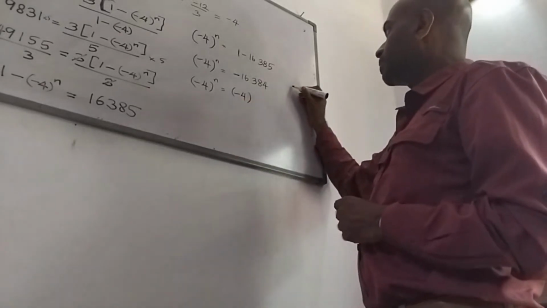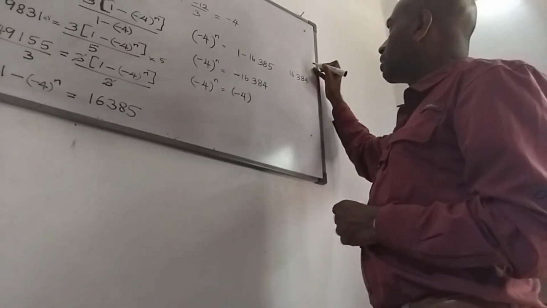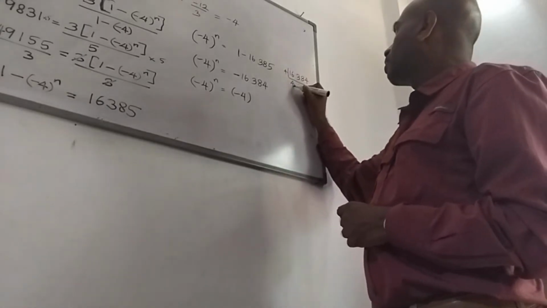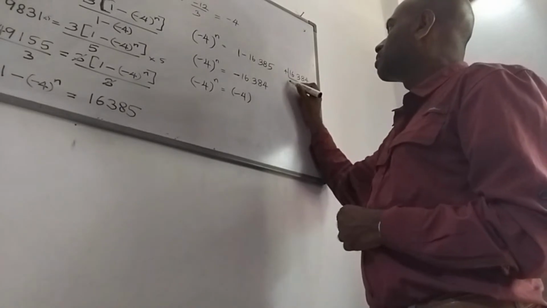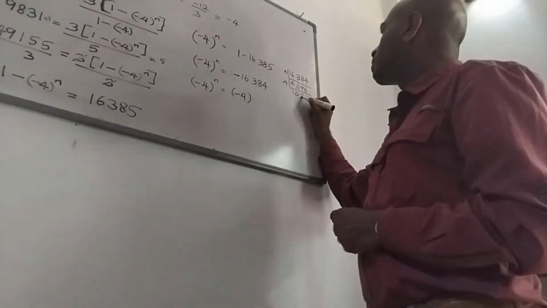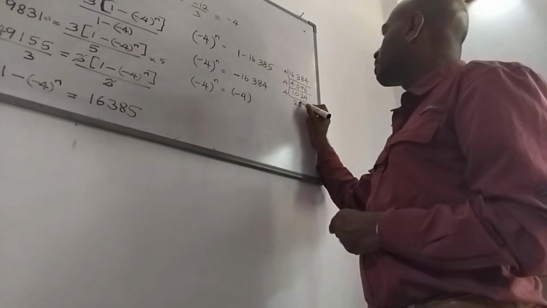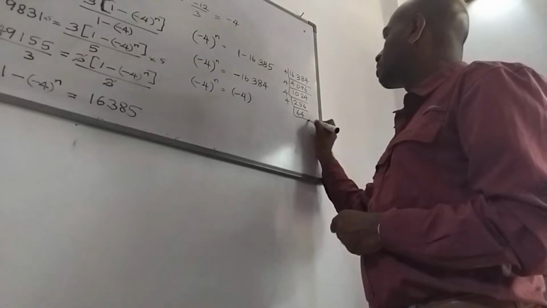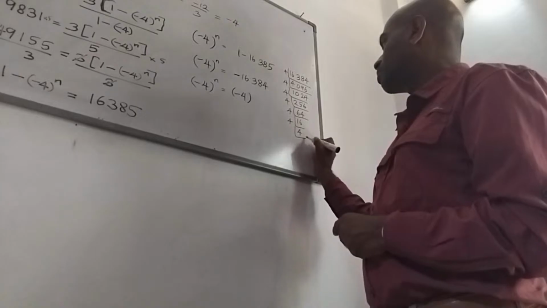For that we need to divide 16,384 by 4 continuously until you get 1. 16,384 divided by 4 is 4096, then 1024, then 256, then 64, then 16, then 4, then 1.